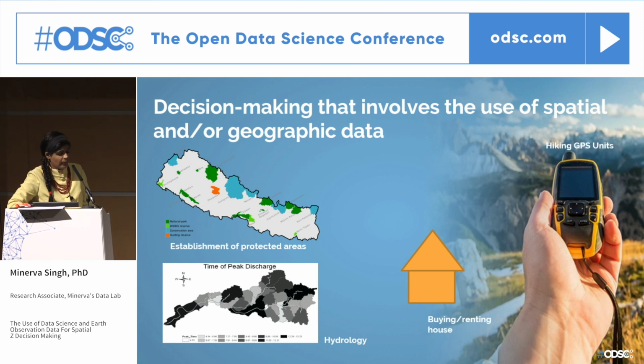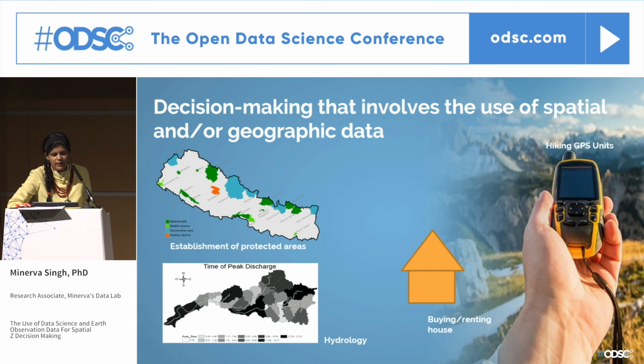It can include anything, starting from the top left, establishment of protected areas, to hydrological applications, to even the hiking GPS units. So when we go out for things like hiking, cycling, or driving, we have GPS units. And when we walk or cycle wherever we go to, that is a form of spatial decision making.